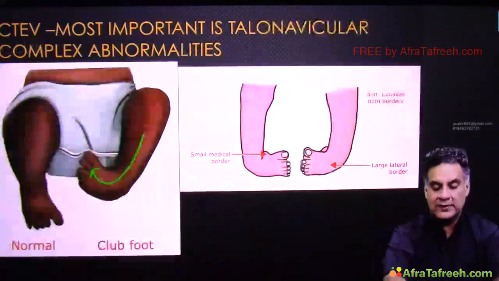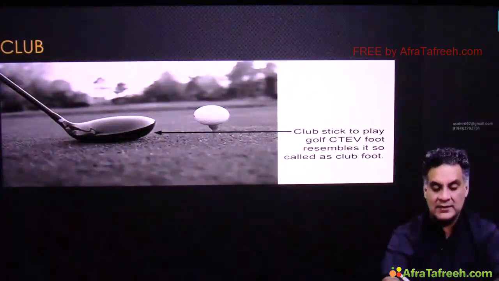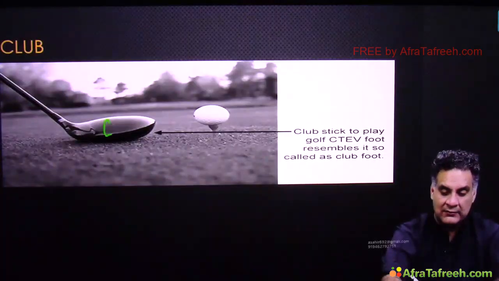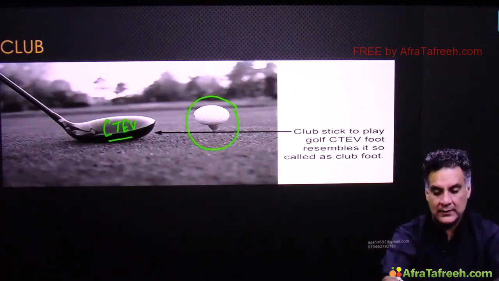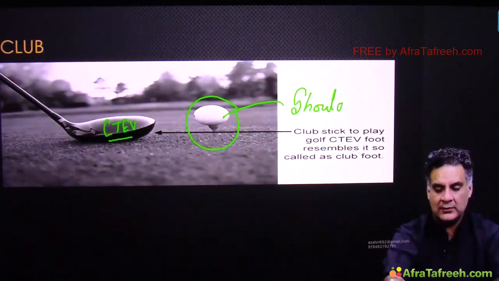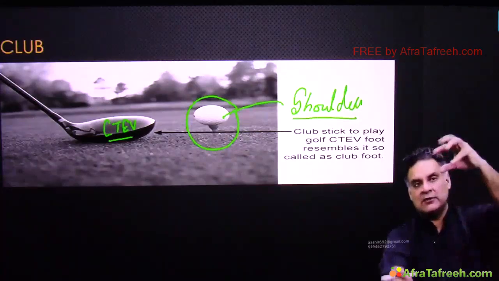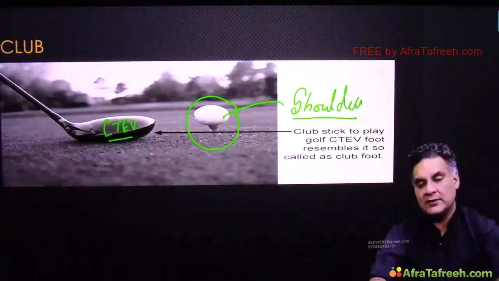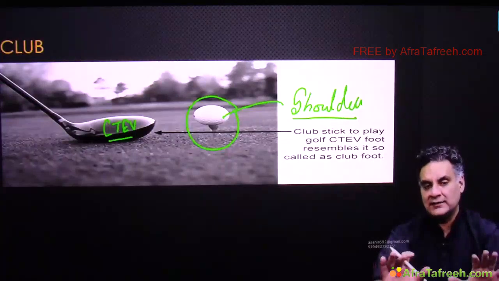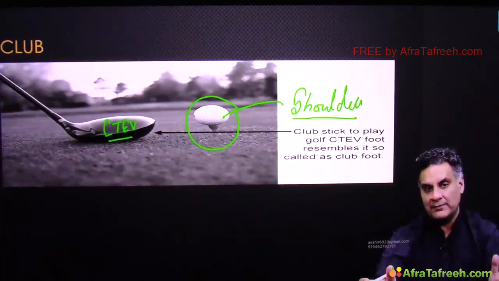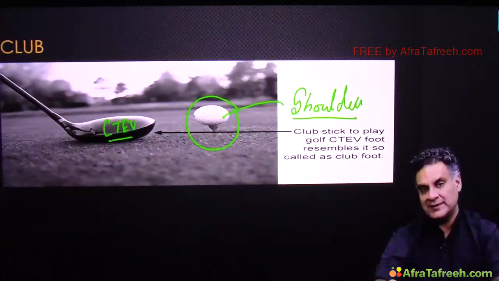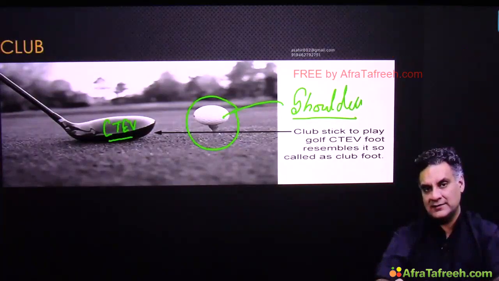So for an orthopedic surgeon, if he looks at this image, this is a CTEV foot and this is golf ball on a tee. That's what a shoulder joint looks like. A large golf ball on a small stand, making it the most unstable joint. This image looks like a golf club, but it can show you an orthopedic CTEV and a shoulder joint.